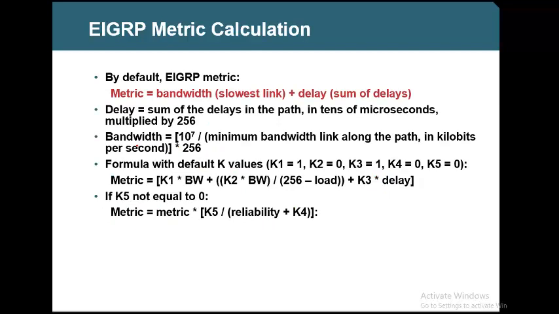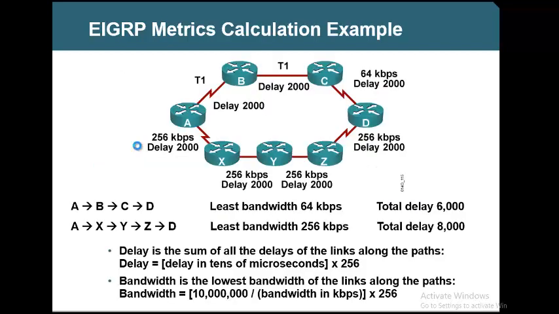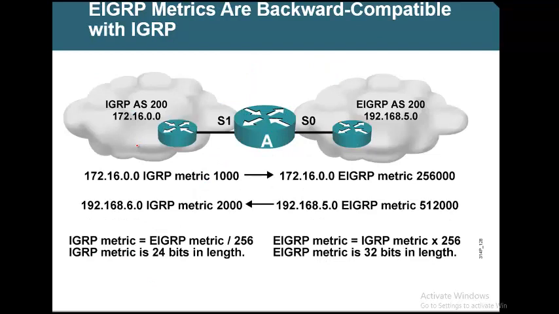Before I talk about this, I want to go back to this page. This is what I was talking about. IGRP metric bits are only 24. EIGRP is 32. So, if you want to know the metric of EIGRP, you need to multiply the IGRP metric by 256.